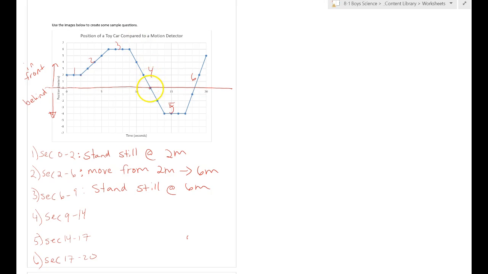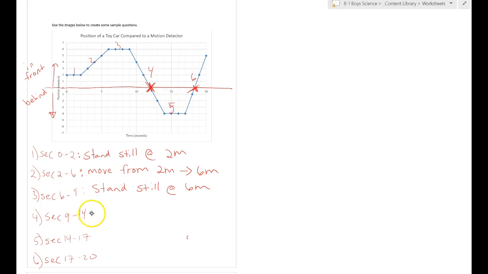Ooh, we cross the x-axis. I always like to give myself a little x whenever that happens so that it calls it out to my attention here. Happens again over here. So what does that mean? If we get to the x-axis on a position graph, that means that we walk up to the motion sensor and then we go behind the motion sensor.